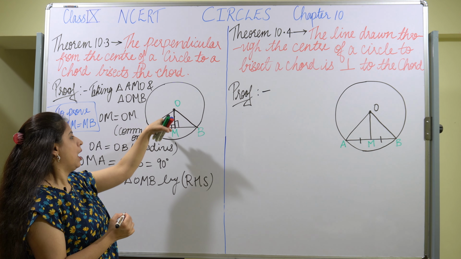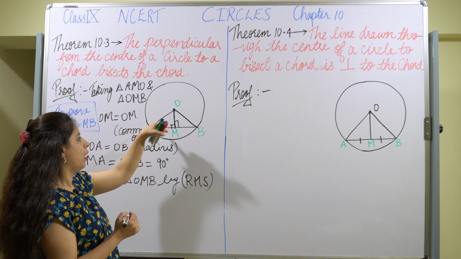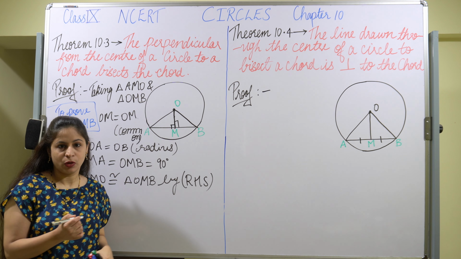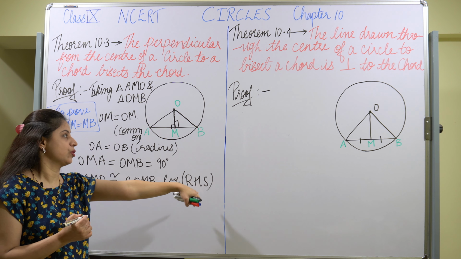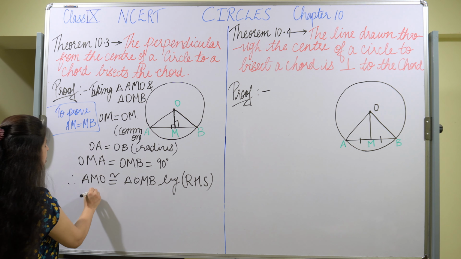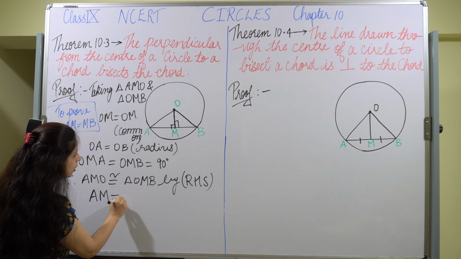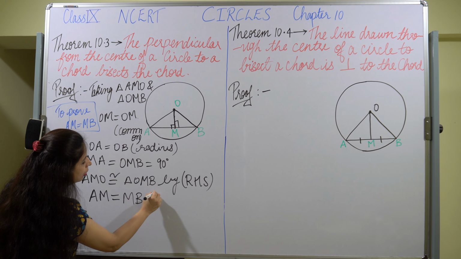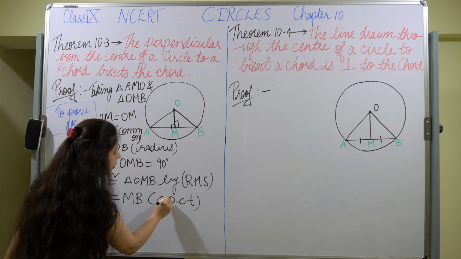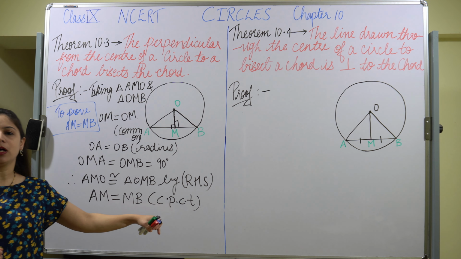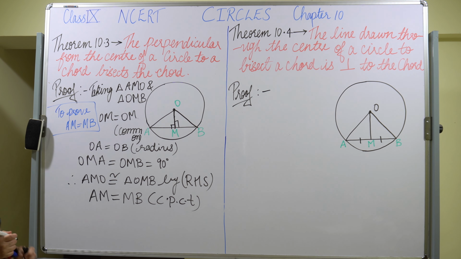Right angle is there, hypotenuse is there, and common side is there. Both the triangles are congruent by RHS. So we can easily say now AM is equal to MB by CPCT. Corresponding parts of congruent triangles are always equal.